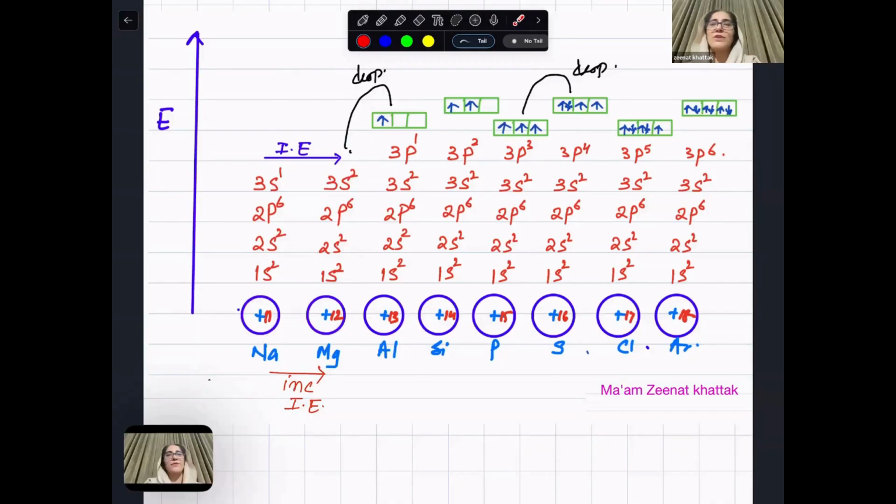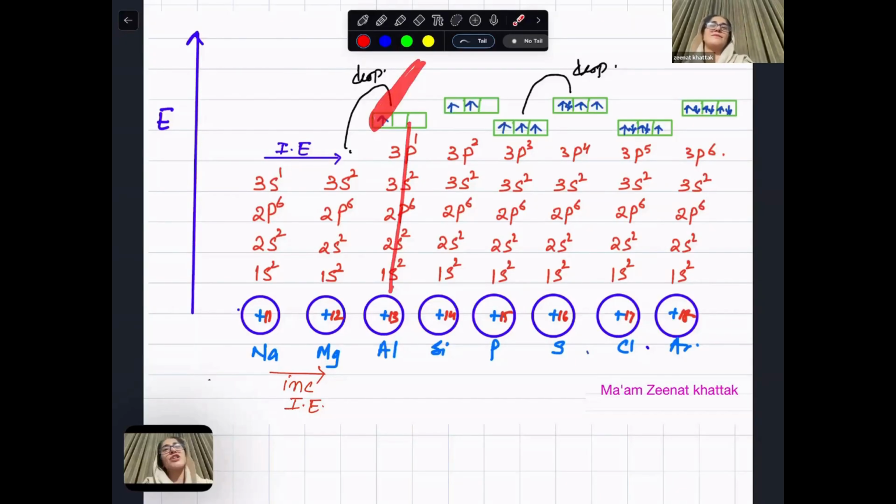But when we come to aluminium, the protons increase. But now 1s2 2s2 2p6 3s2 3p1. Look, the 3p1, don't you think that the 3p1 is far from the nucleus as compared to 3s? Is there a change in the subshell? If this is getting far, does it need more energy or less energy?